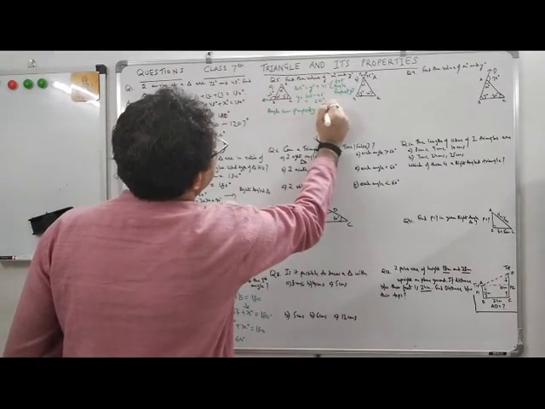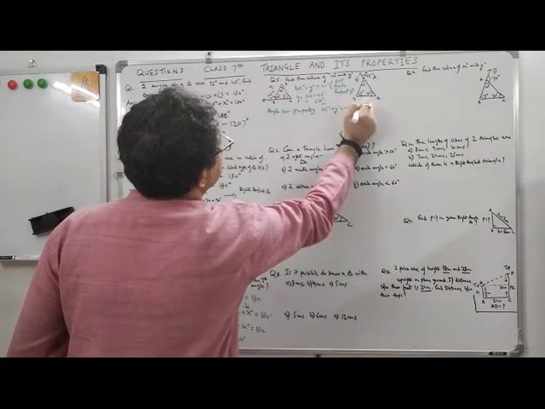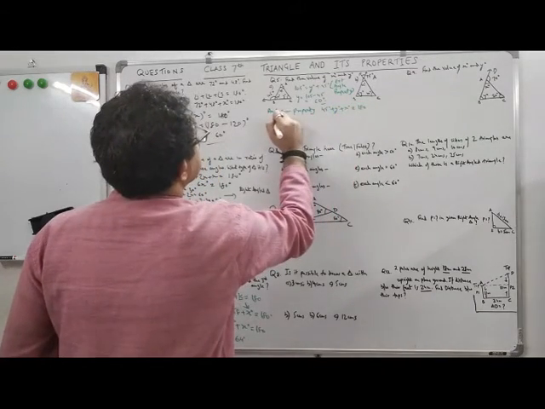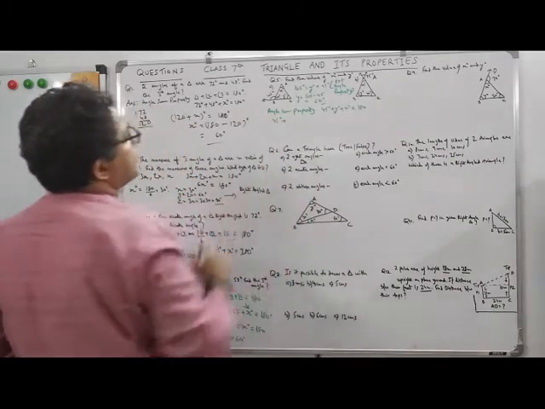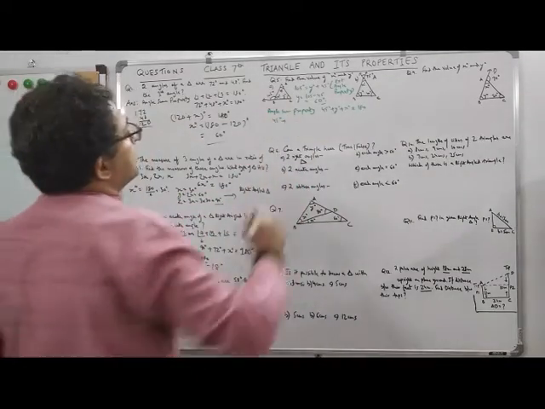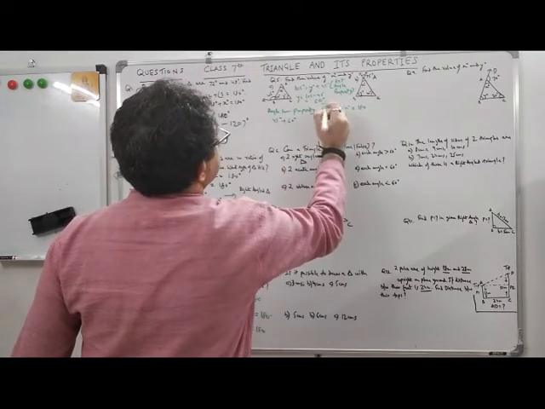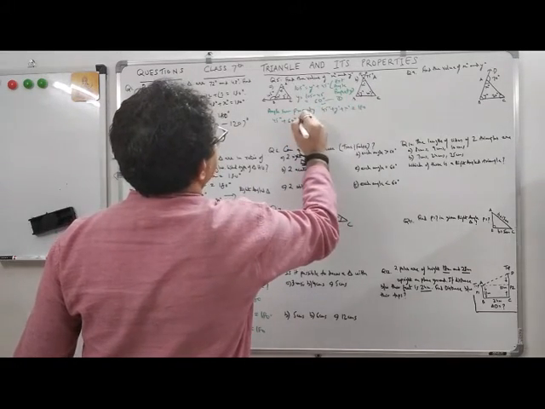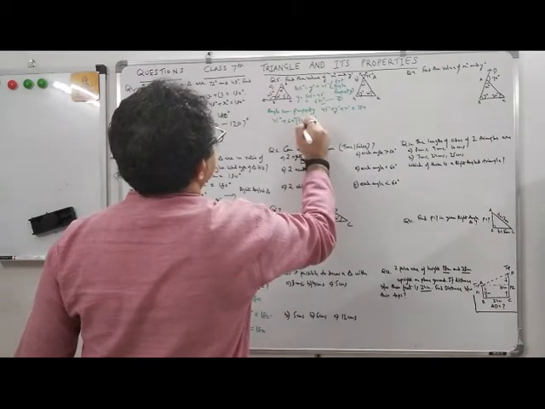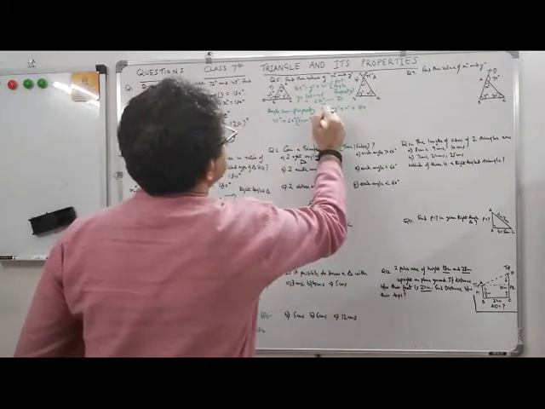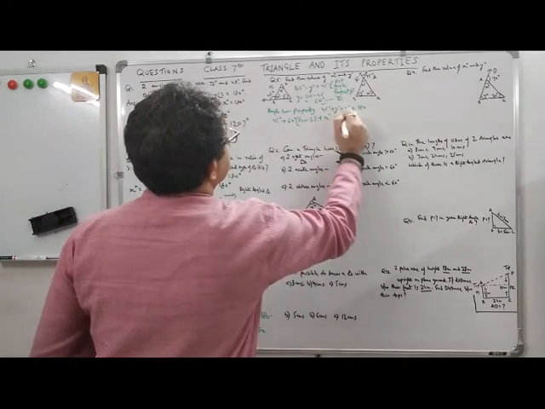So 45 plus angle y plus angle x is equal to 180. We know this. So we just put this 45 degree plus angle y, 60 degree, plus x degree is equal to 180.